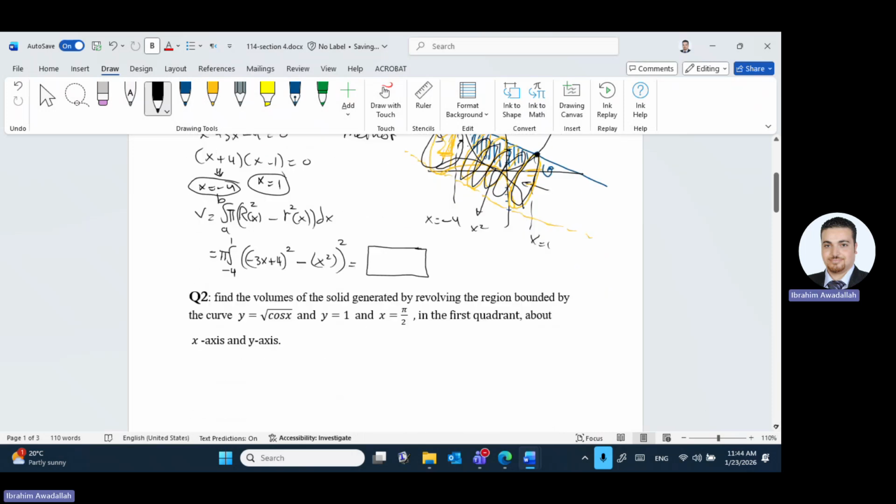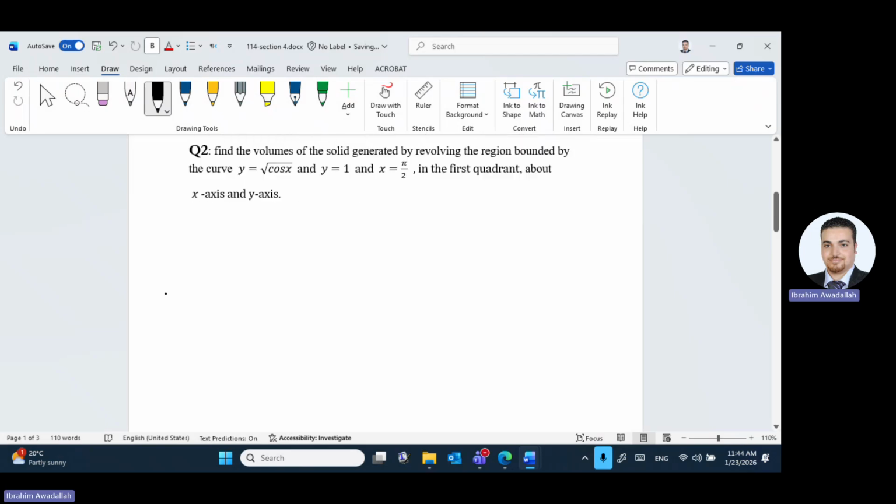Another question with the same idea, I believe, washer method. So one more time, the graph helped me a lot. Y equal the root of cosine x, y equal 1. I will start with this first. Y equal 1, horizontal line. Y equal 1, x equal pi over 2.